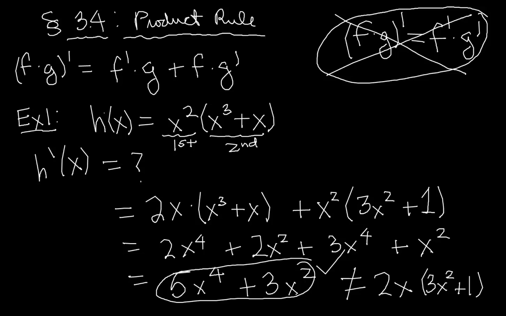So completely different from what the actual answer is. I just want you to be clear with that. Don't take the derivative of the first times the derivative of the second. Okay, so I'm going to erase all this. Let's put up another example, one with slightly more complicated functions.